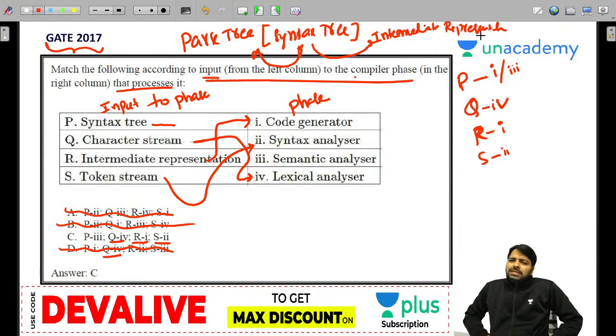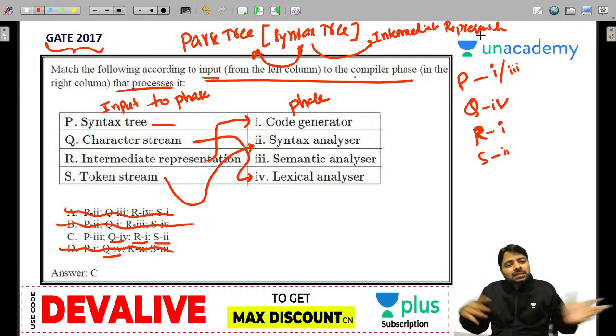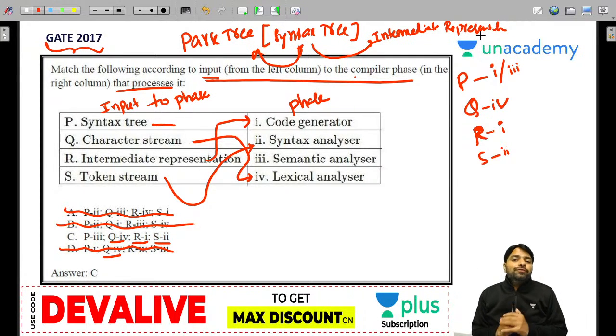So basically nobody assumes syntax tree is a parse tree as per the standard definitions, but as per this given data people say blindly what is the syntax tree, parse tree, they mix it. Okay, so if you are assuming syntax tree is the parse tree, then only option C is right, otherwise no option exists, because we know syntax tree is the intermediate code, intermediate representation.